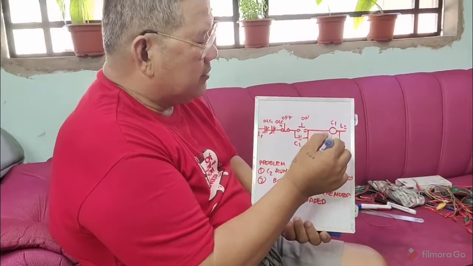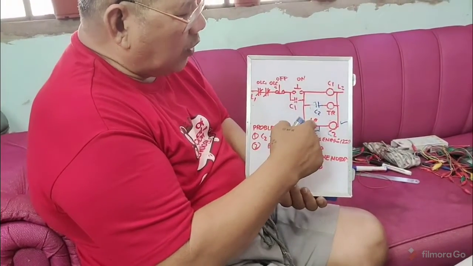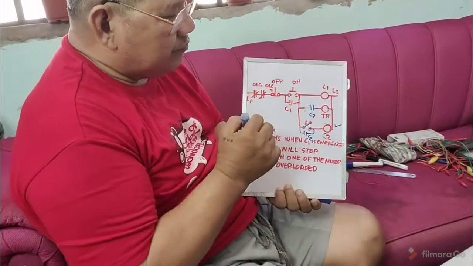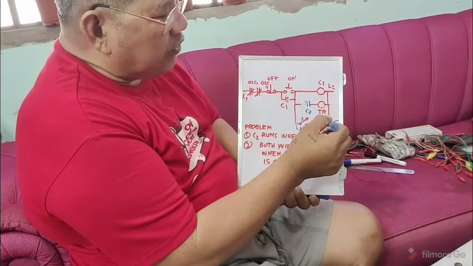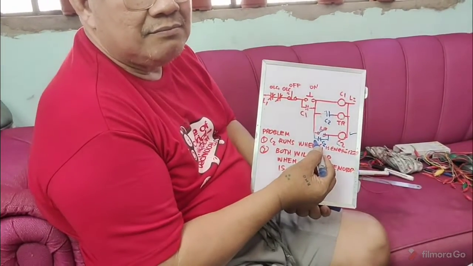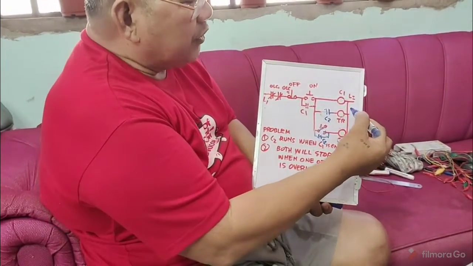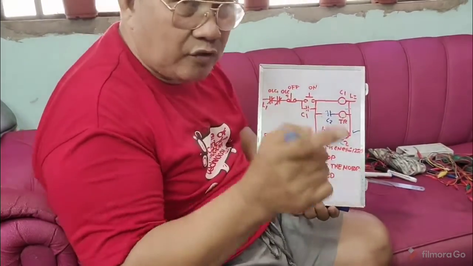It looks like this. So when this is open, what will happen to the contact here? It will go back to normal position. But the motor, conveyor 2, is now running because of the maintaining contact. Okay? So you preserve this one. But remember, number 1 is already correct.